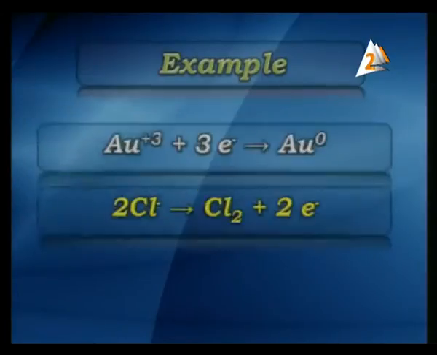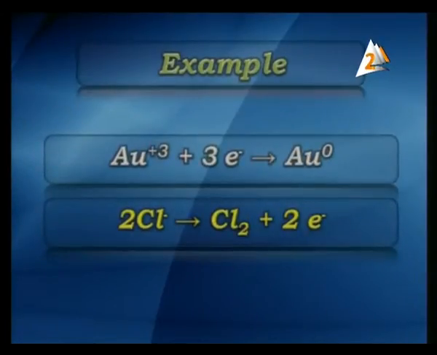What is the reaction here? Au3+ plus 3 electrons gives Au, it means it gains these electrons. The other one, 2Cl- ions lose 2 electrons and change into Cl2 molecules of chlorine. So this is the reaction that happens between the ions of chlorine and ions of gold.